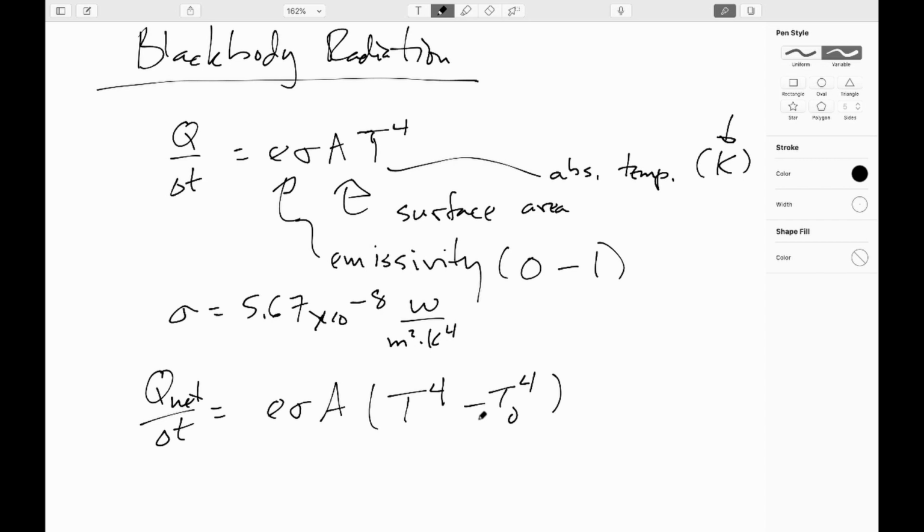So even though it may seem like, well, gee, the inside of the house is at 20 degrees C, the outside of the house is at 0, how bad can that possibly be? Well, you're talking about the difference of 293 Kelvin to the fourth power minus 273 Kelvin to the fourth power.